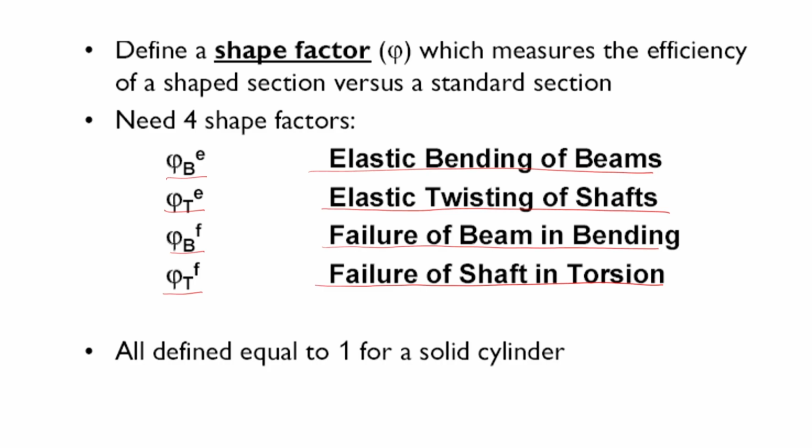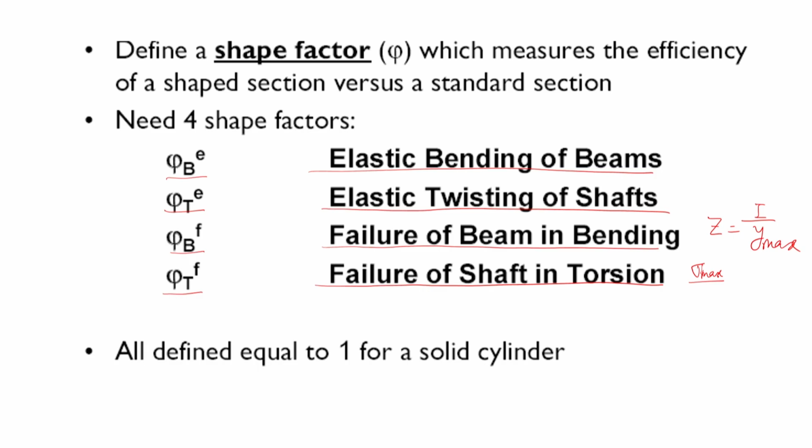Now, why is the shape factor for the strength different than the shape factor for the deformation or stiffness? Well, that is because you might have noticed in the earlier slide that there is a section modulus Z, which was I over y max. Now, this Z also is going to vary corresponding to the strength, because as you know from the theory of bending, we can write these in terms of sigma maximum stress over a cross section.